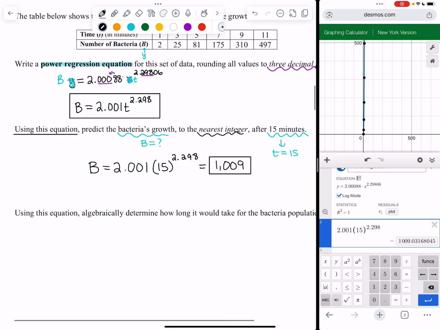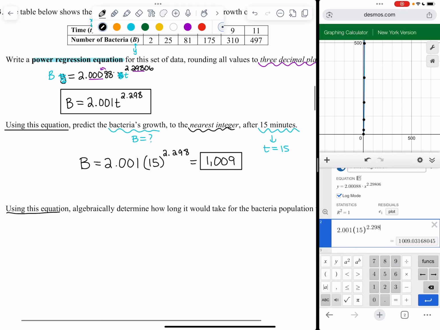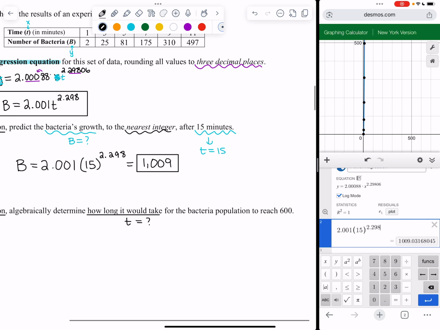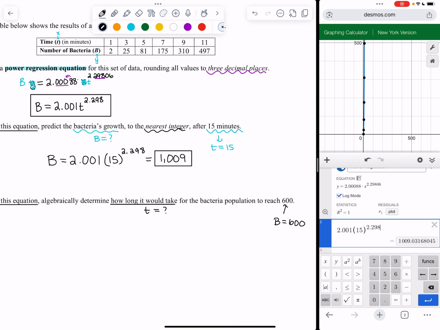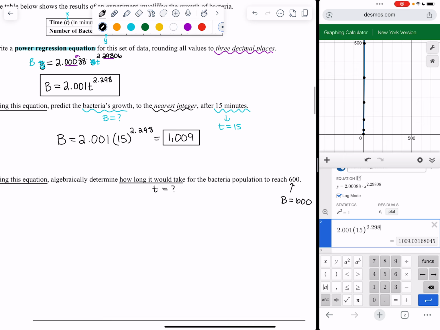Okay, and then for the next part, again using this equation, now algebraically determine how long it would take. So we're looking now for a t for the bacteria population to reach 600. So they're giving us a b, and asking us to find t. So that's always going to involve a little bit of algebra when you're solving for x, which in this case is called t.